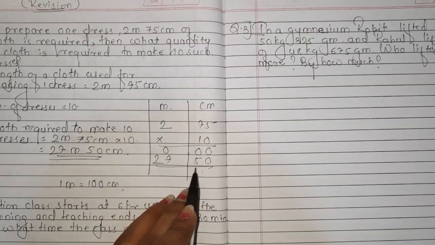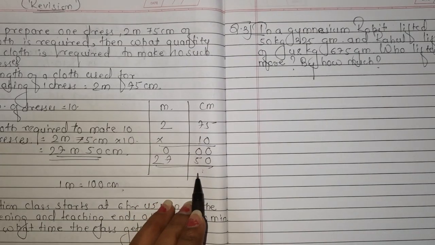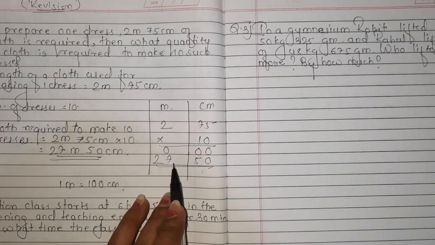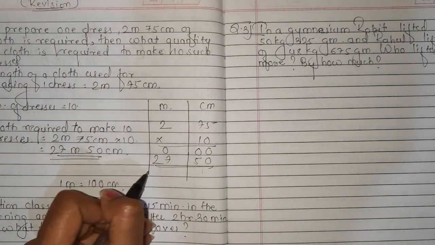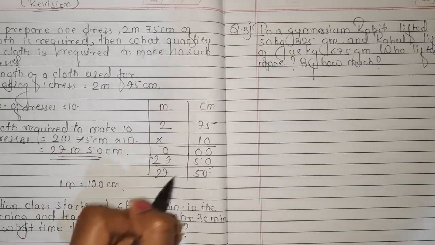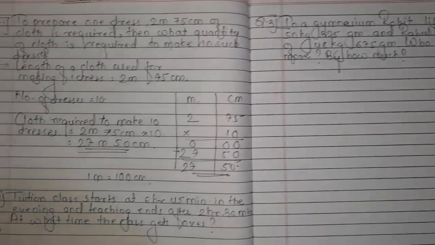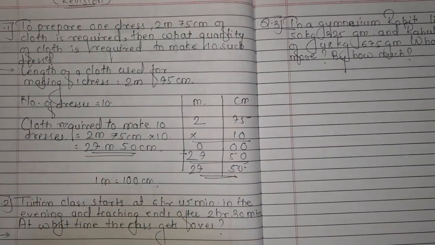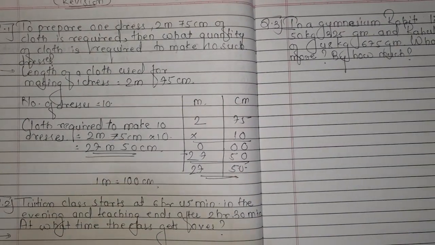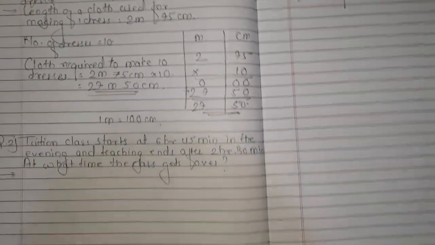We cannot write more than 100 centimeter over here. So that is why we have taken 7 this side. So 27 meters 50 centimeter. That's it. This is a quite simple sum. Okay, next.